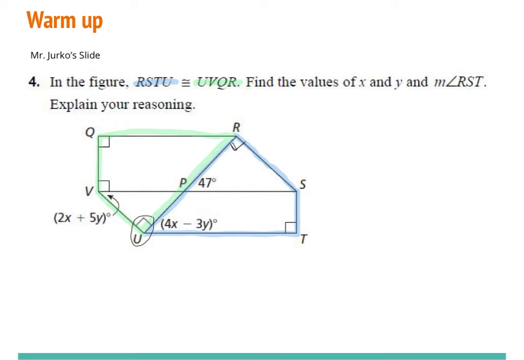What about, let's take S, angle S, this large angle right here. What angle must be equivalent to S? V. So all of angle V, okay? What about T? What angle must be congruent to T?